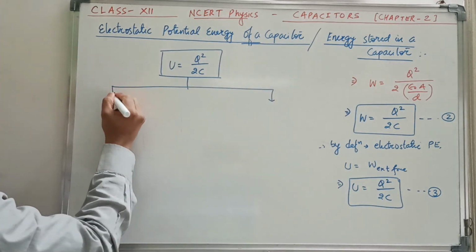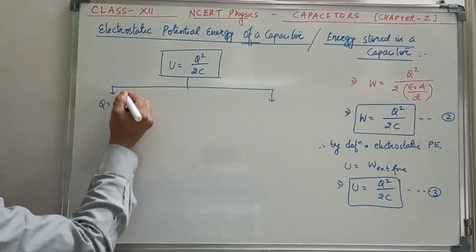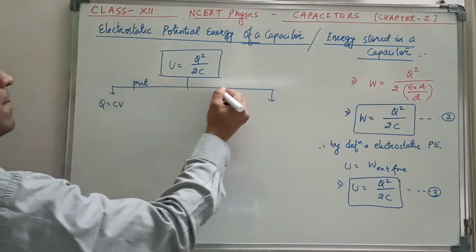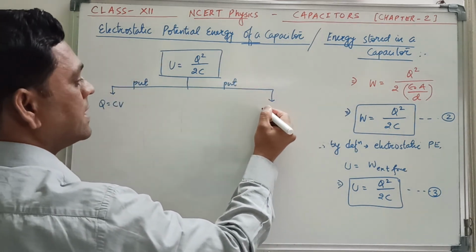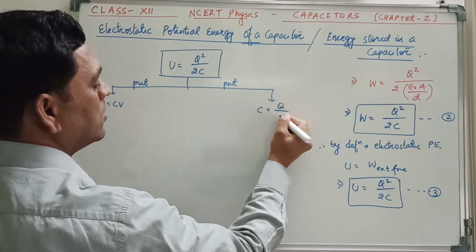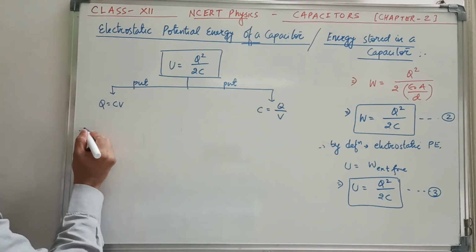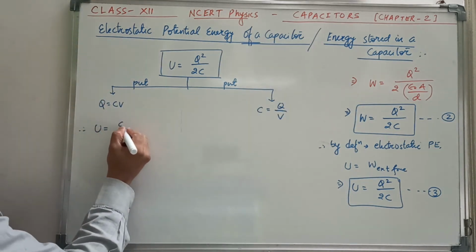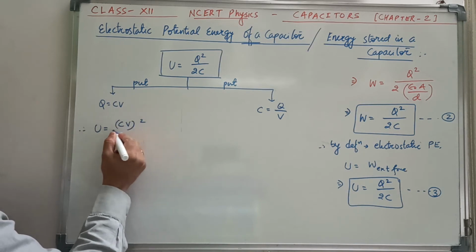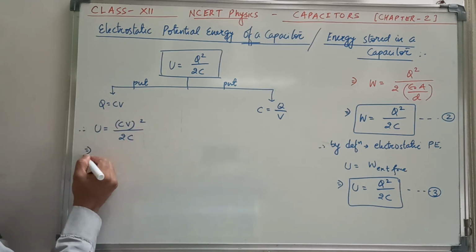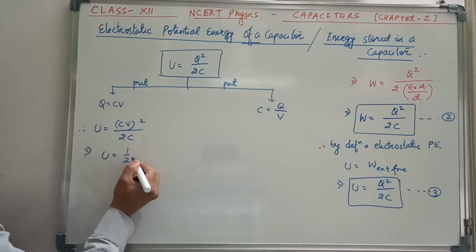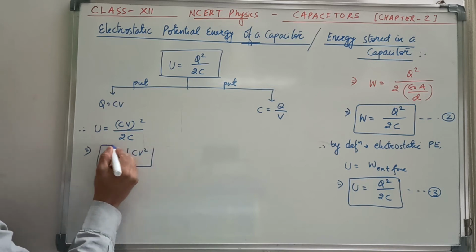First I put Q is equal to CV, and in the second case you put C is equal to Q upon V. So U becomes CV whole square upon 2C, and this becomes U is equal to half CV square.